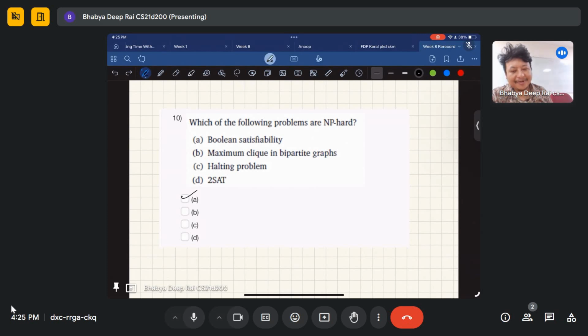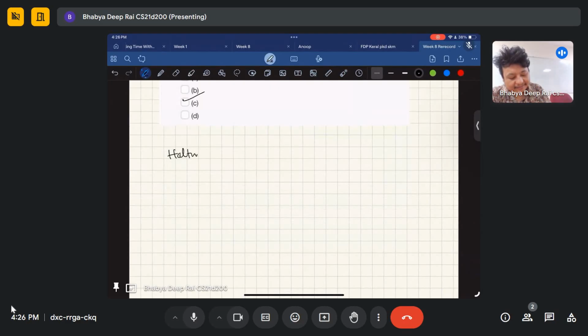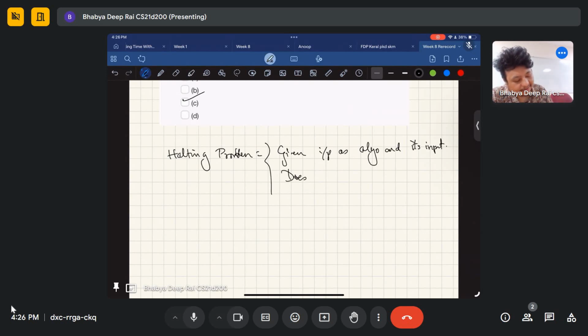The halting problem is way hard. It's all the way outside NP, everything. Let me give a simple exposition. The halting problem is: given as input an algorithm A and its input, does A halt?